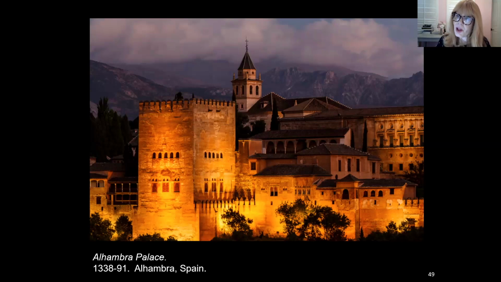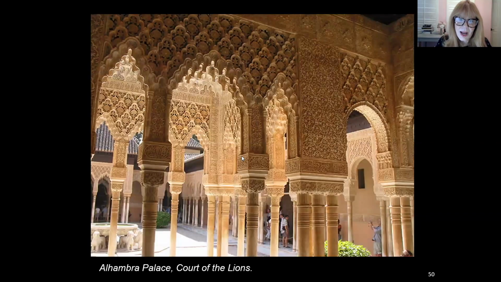The Alhambra means red in Arabic, which refers to the redness of the bricks in which this fortress was built. Now, the interiors are extraordinary, again, because of the tile work, but the repetition of the tile work as well. In the Court of the Lions, you can see little lions that are all around the fountain.